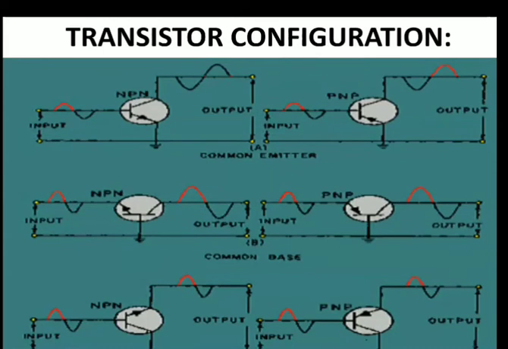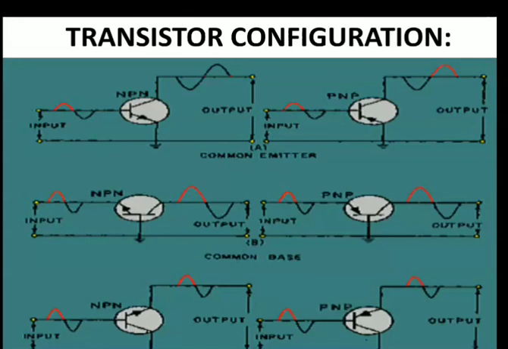Similarly, here the transistor configuration, for both NPN and PNP, we have three configurations, namely common emitter, common base, common collector. In all these configurations, the name itself implies that the emitter is common, base is common, or collector is common.